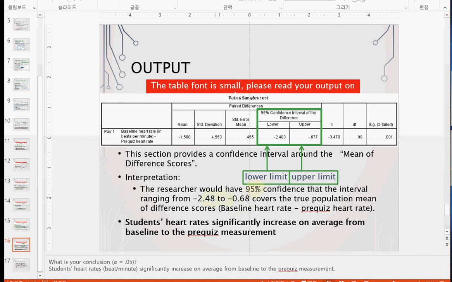Notice that this interval does not contain the zero value, which means the population mean of the difference scores could not plausibly be zero. So the result of the confidence interval is consistent with the result from the hypothesis testing.